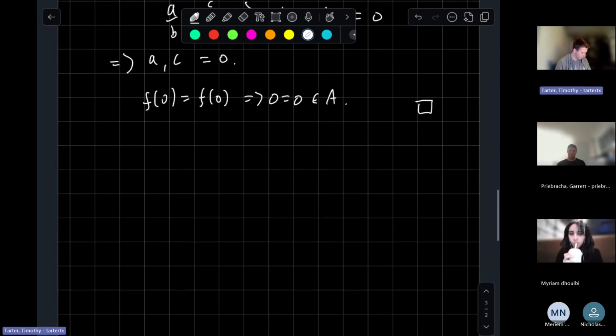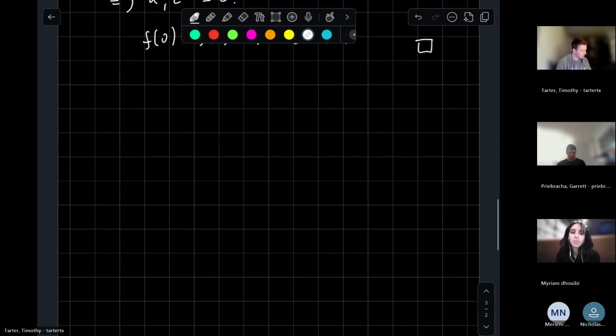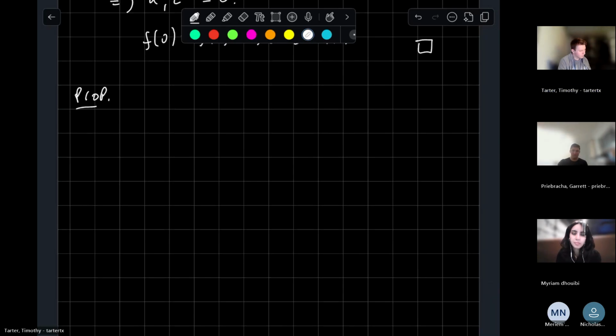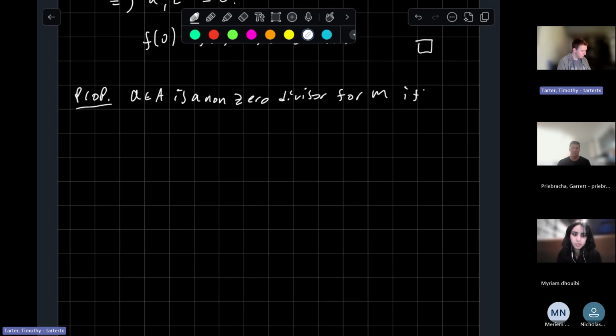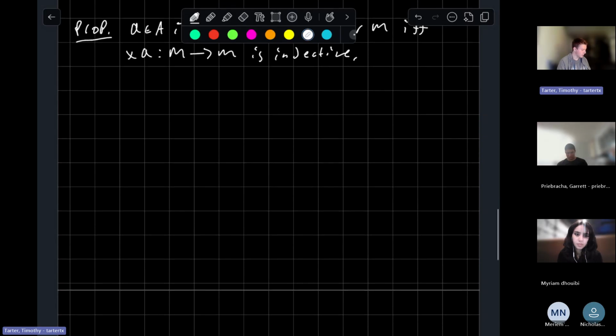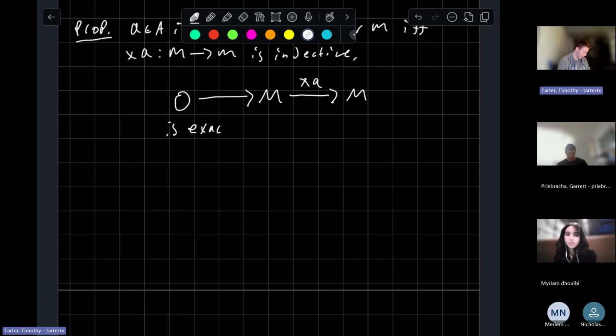There's kind of like a proposition that Vakil throws in here. So A is a non-zero divisor for M if and only if the Cartesian product with A from M to M is injective, or in the language of commutative diagrams, if we have some zero element going to M by XA is exact.